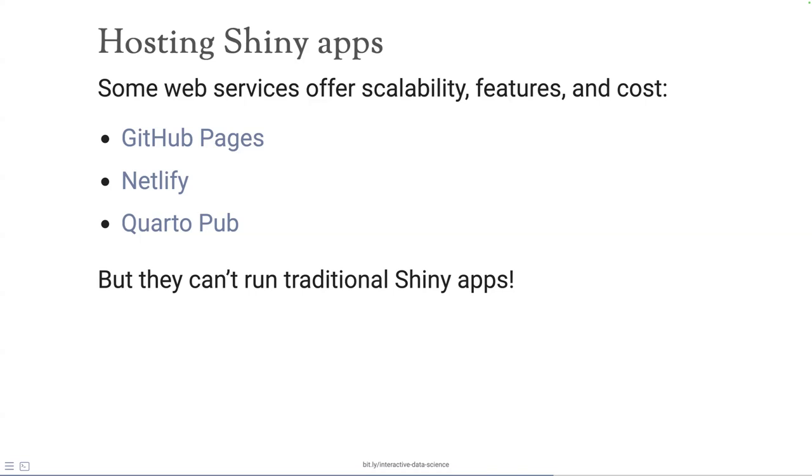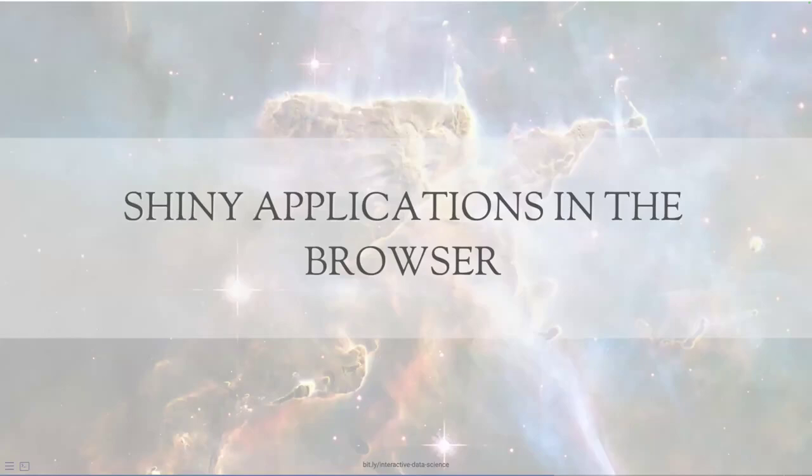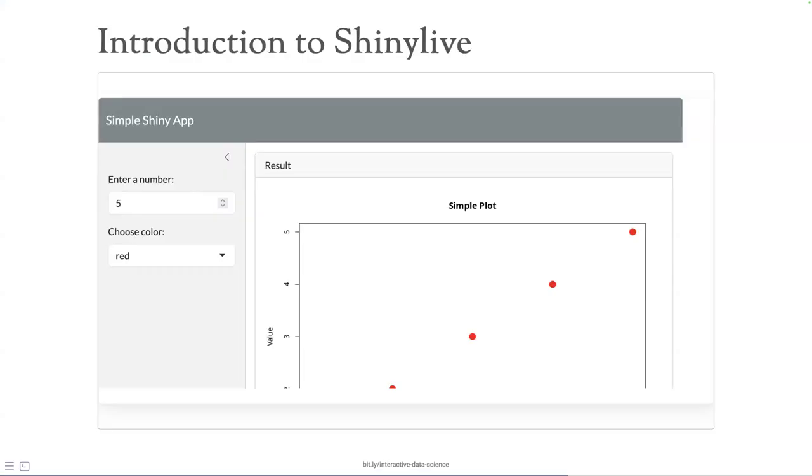So if you've ever created a Shiny app before and you've wanted to share it via a website, you've probably had to embed it in an iframe. But that is not the only option anymore. Thanks to ShinyLive, anybody can create their own serverless Shiny apps to run in the browser. Here is a very simple Shiny app.